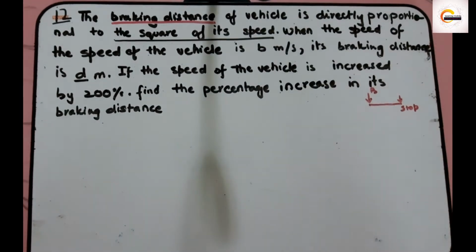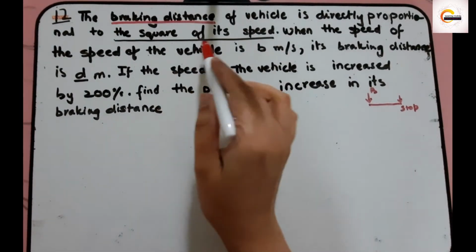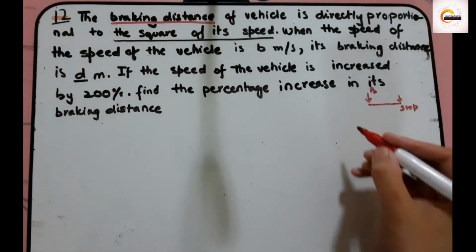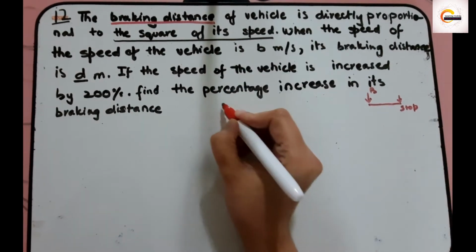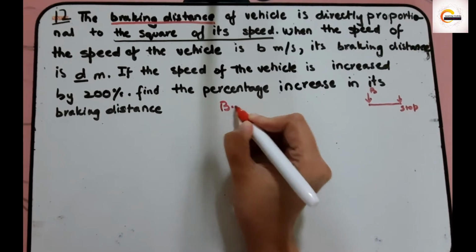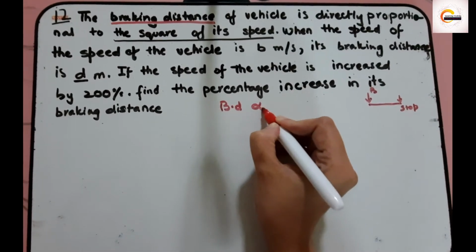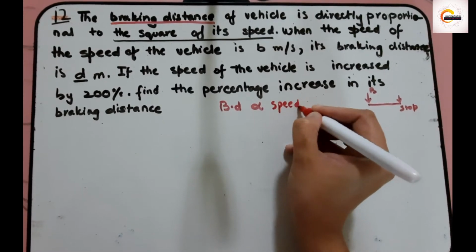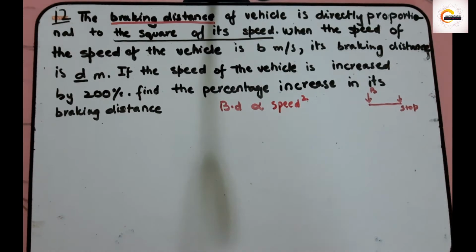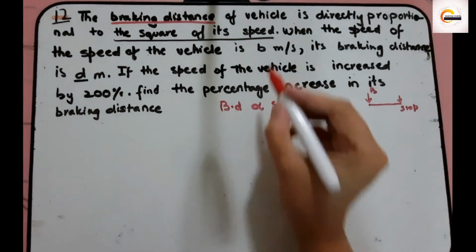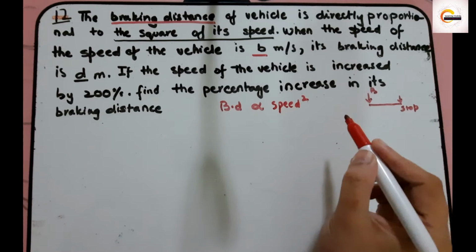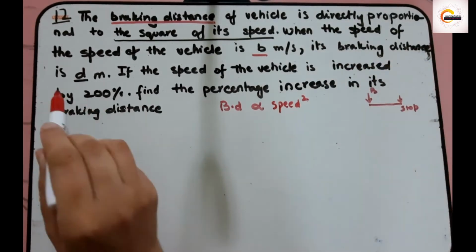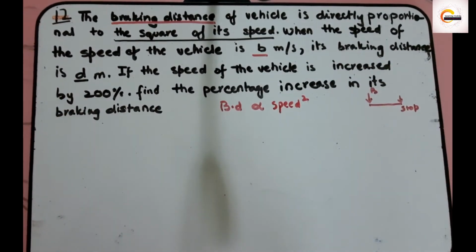So the braking distance of a vehicle is directly proportional to the square of its speed. I am going to write over here: braking distance is directly proportional to the square of speed. When the speed of the vehicle is b meter per second, its braking distance is d meter. All right.